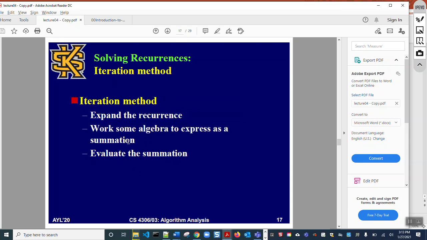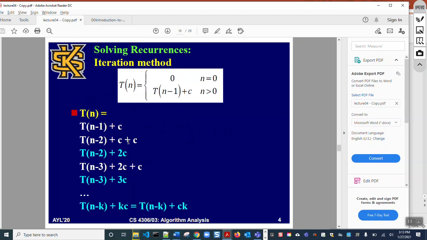We go through each of the subproblems one by one. For instance, the first one: T(n) equals T of n minus 1 plus c, where c is a constant time. How do we solve this in the iterative process?